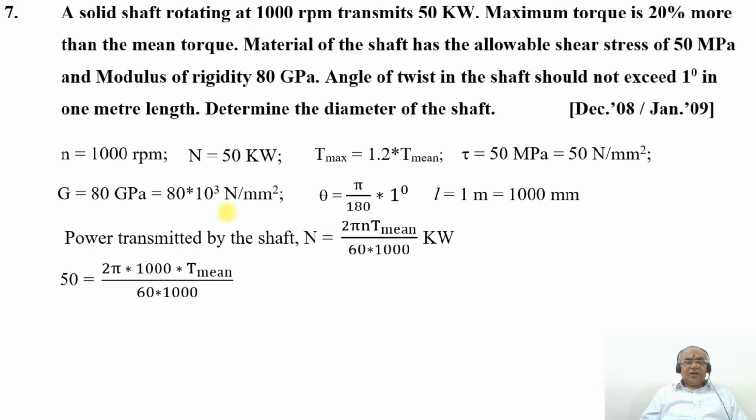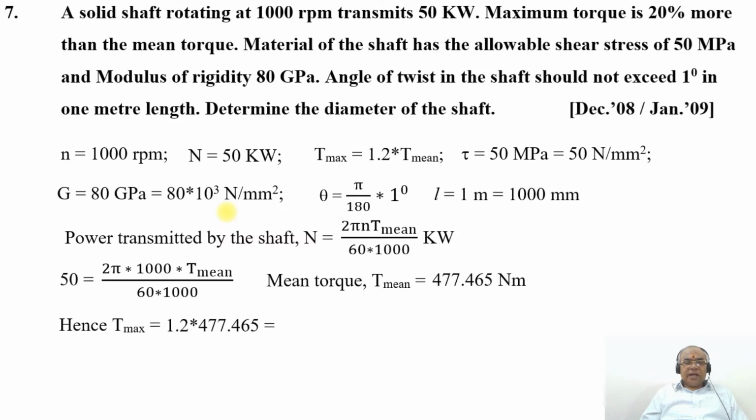Therefore, on calculation, we are going to get the mean torque, T mean, equal to 477.465 Newton meter. Maximum torque will be 1.2 times 477.465, which will be equal to 572.958 Newton meter, which is equal to 572.958 into 10 to the power of 3 Newton mm.